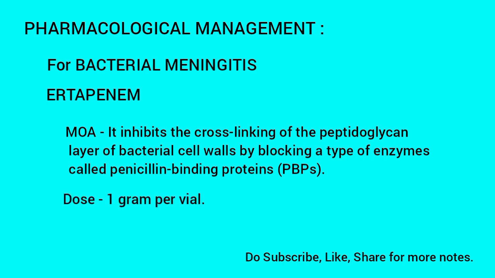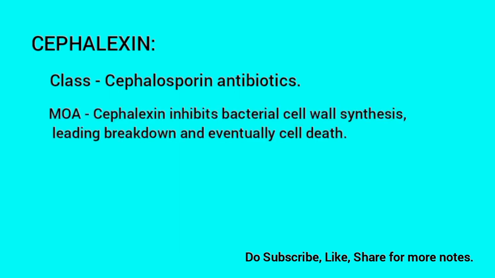The dose is 1 gram per vial. Cephalexin. Class is cephalosporin antibiotics. The mechanism of action is cephalexin inhibits bacterial cell wall synthesis, leading to breakdown and eventually cell death. The available doses are 250 mg and 500 mg.